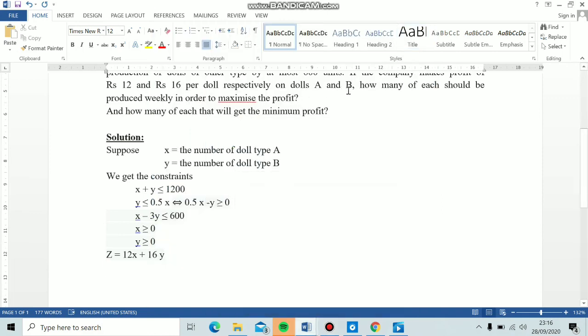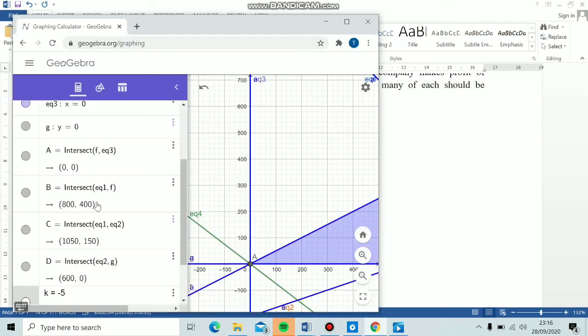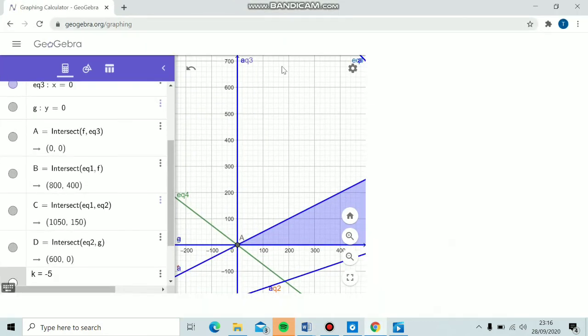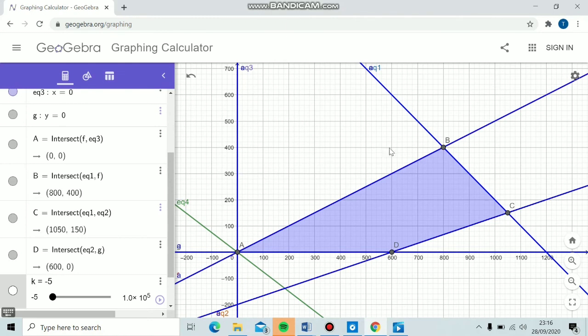So, if the question is how many of each should be produced weekly in order to maximize the profit, the answer is point B, that is 800, 400.